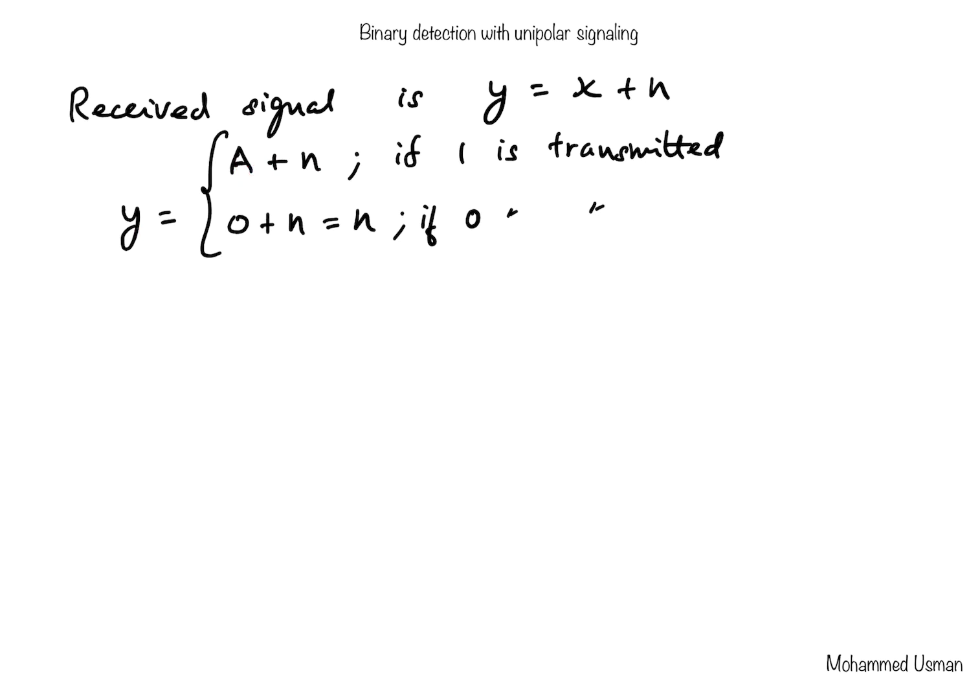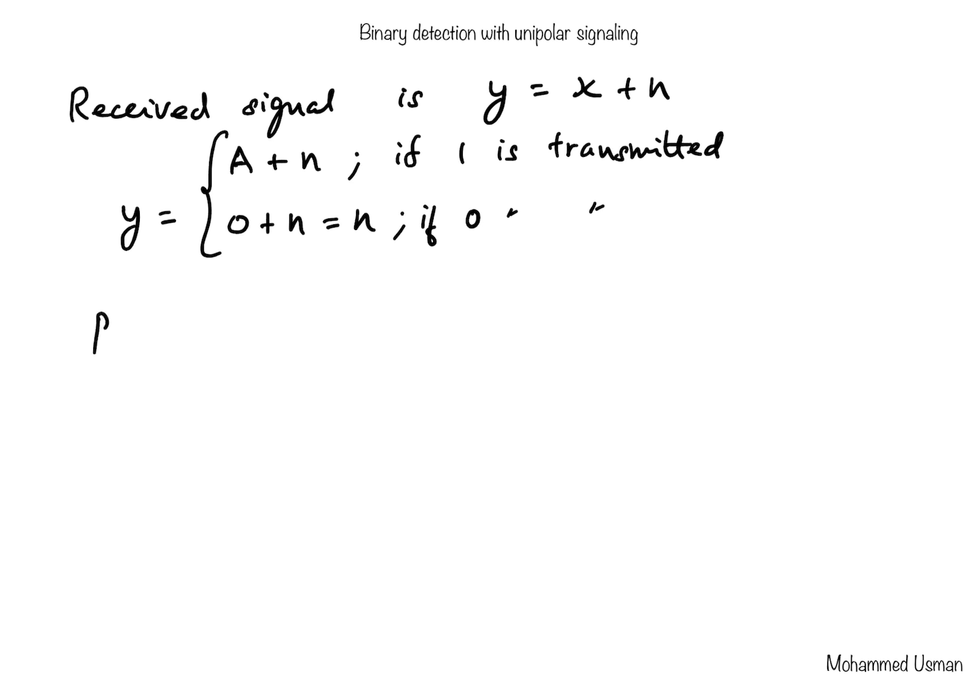So the received signal's PDF when a 1 is transmitted is going to be the Gaussian PDF of the noise, but with the mean value shifted to A volt. That means it will be centered on plus A rather than being centered on 0. When a 0 is transmitted, the received signal is exactly the same as the noise signal, so the PDF of the received signal will be exactly the same as the PDF of the noise signal.